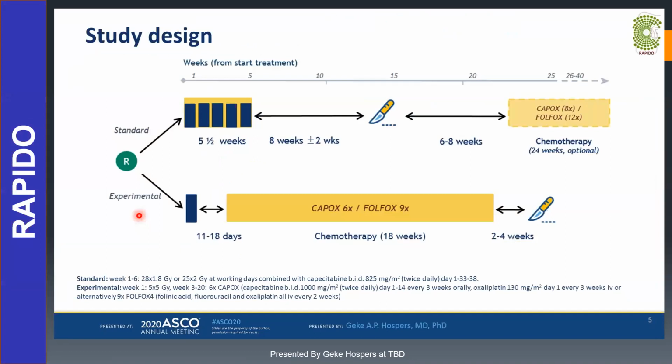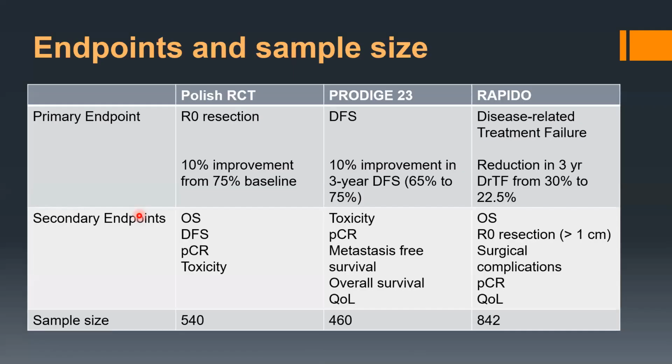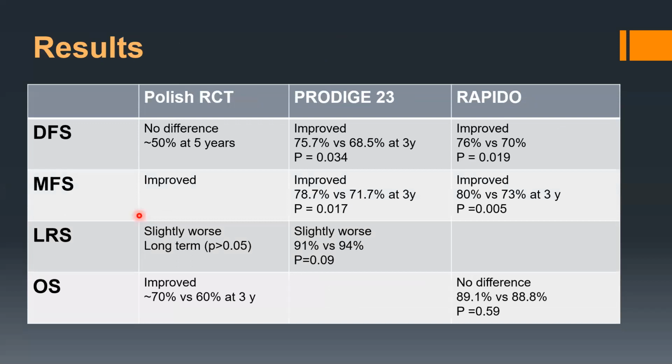Whereas the Rapido study, which has been published in full paper very recently, looked at first short course radiotherapy, then CAPOX into 6 cycles or FOLFOX into 9 cycles, followed by surgery versus chemoradiation, followed by surgery, followed by the same chemotherapy. The primary endpoints were slightly different. The sample sizes, these were moderate size, randomized control trials.